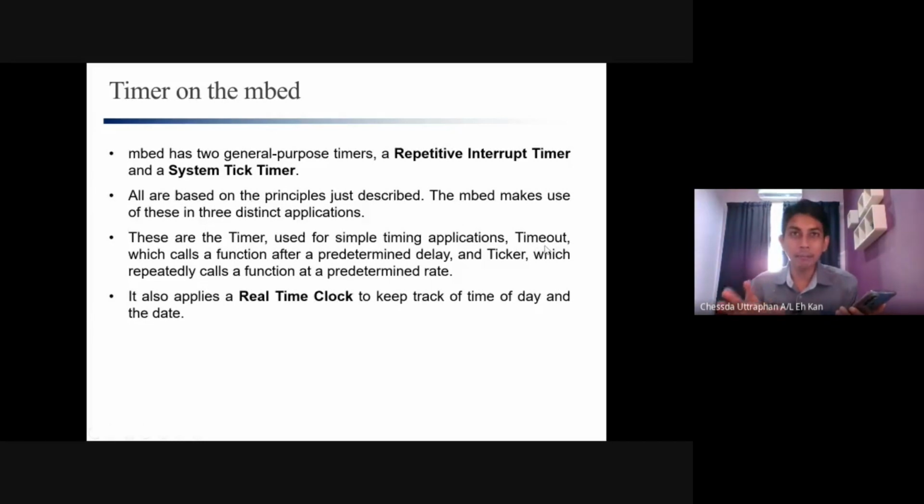If we set the time to 5 minutes, it will count down from 5 minutes, 4 minutes, 59 seconds, until you have 0. So that is timeout, a countdown timer.